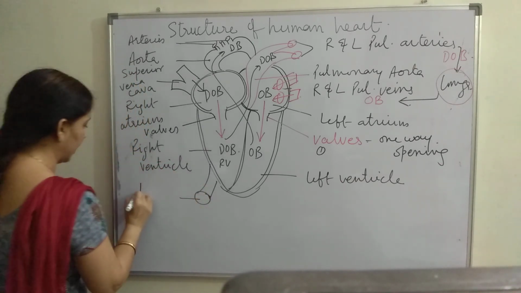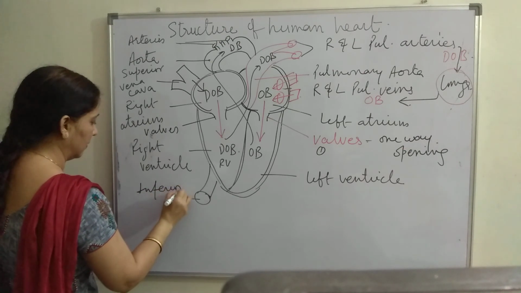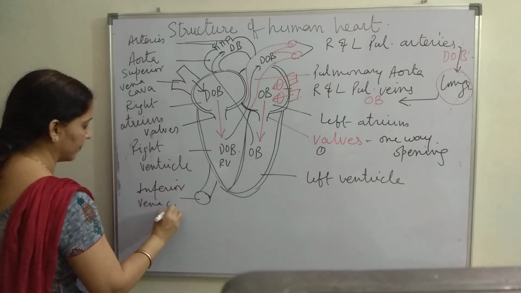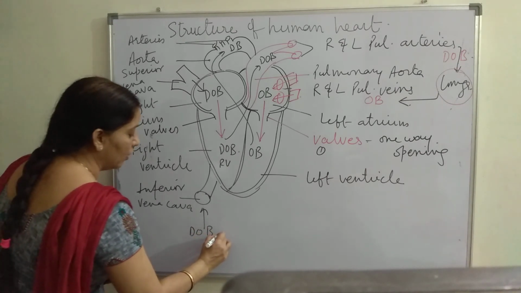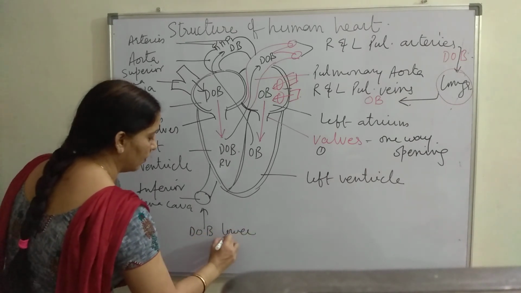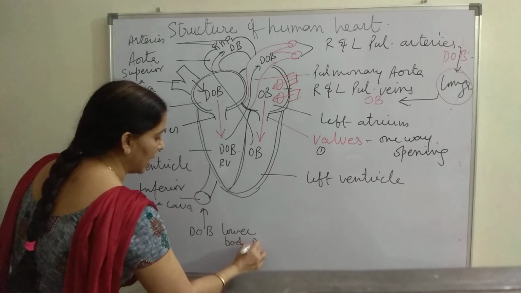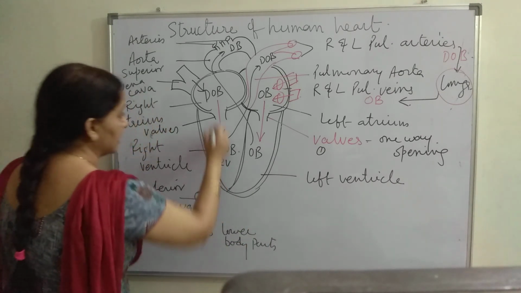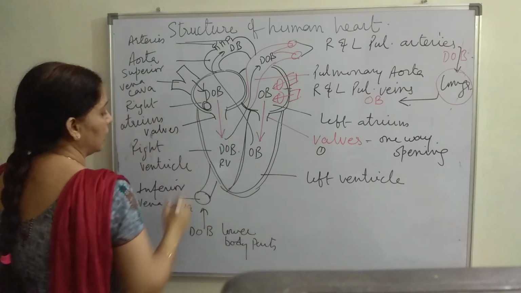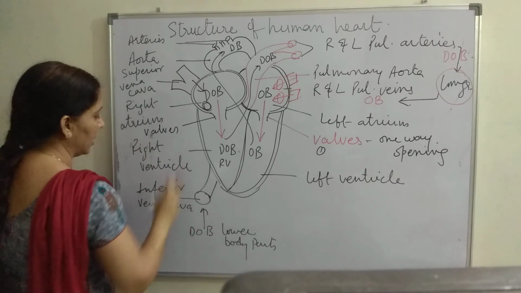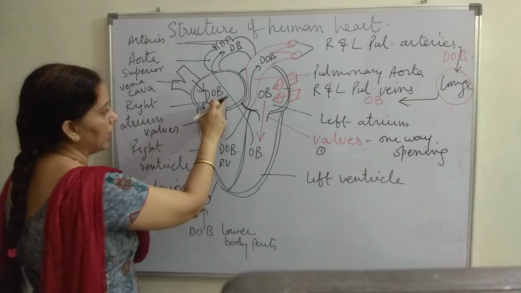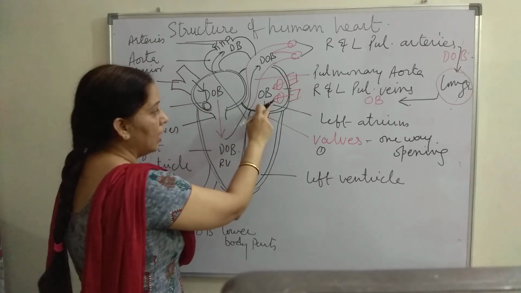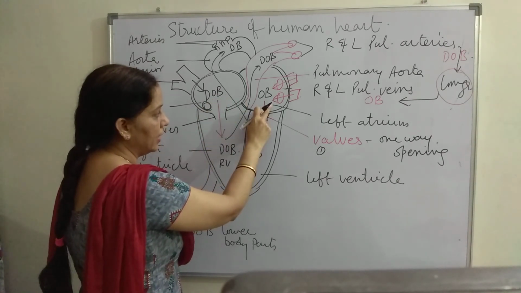And this is the inferior vena cava. It collects deoxygenated blood from lower body parts and it is connected to the right atrium. That means both the superior and inferior vena cava bring deoxygenated blood to the right atrium, and oxygenated blood comes in the left atrium.